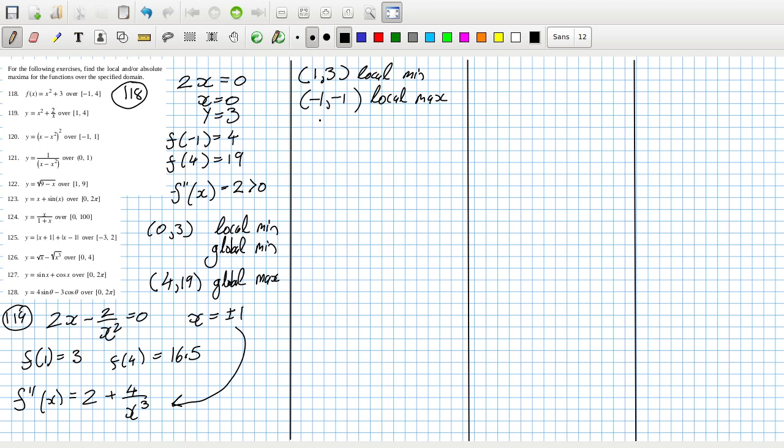But it's not the global max. Actually, that local min might also be a global min as well, because at the end here, 1, 3. And then 4 and 16.5 is an absolute max, global max.